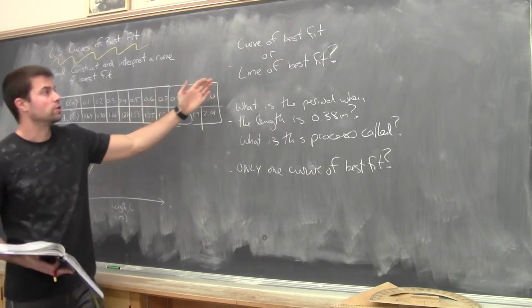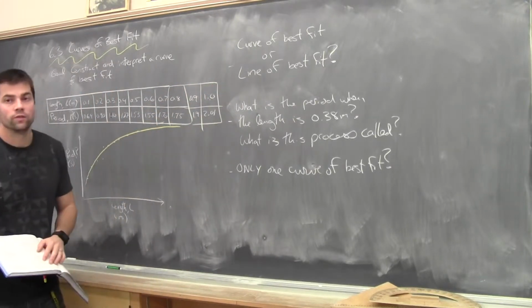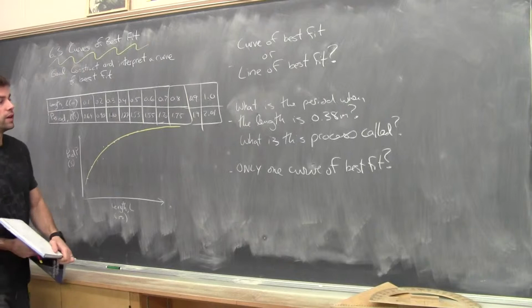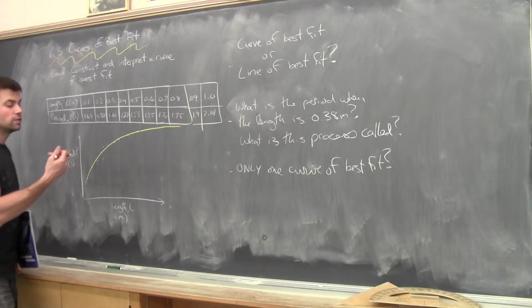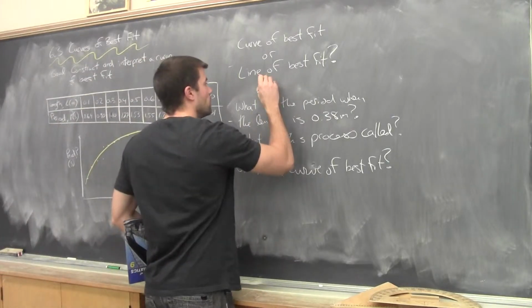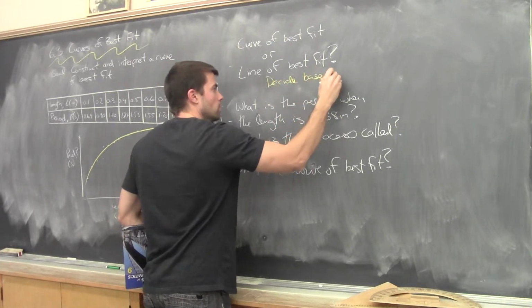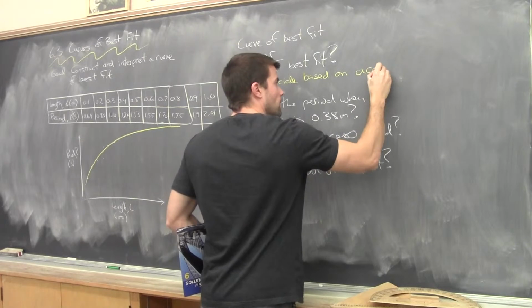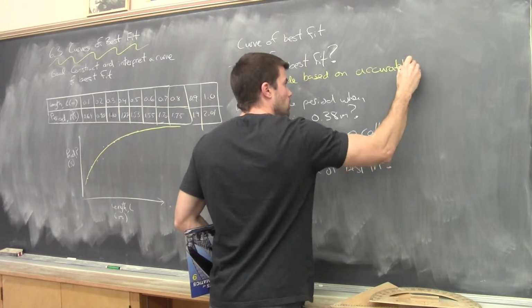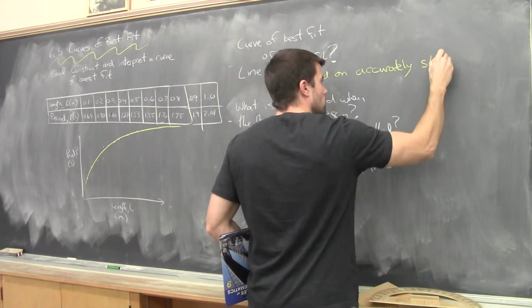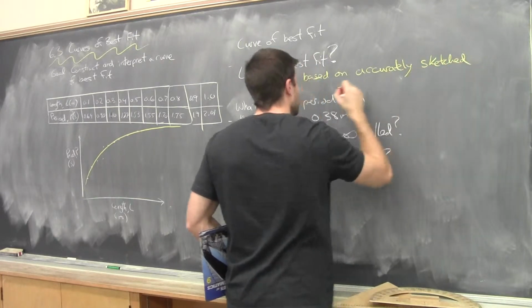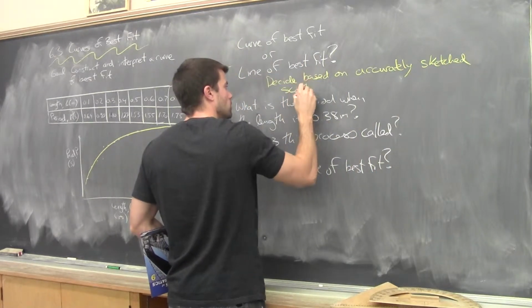So that gets into the question: curve of best fit or line of best fit? All right, I think we've kind of answered that so far. Is that you need to decide. So decide based on accurately sketched scatter plot.